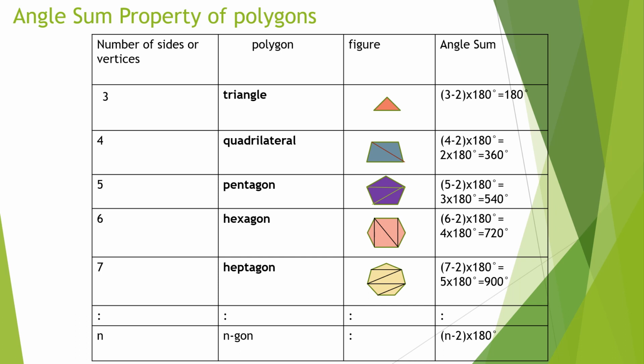Similarly, in other polygons, continuing in the same manner, we have derived one formula, that is, for an n-gon we have n minus 2 times 180 degrees as the angle sum.